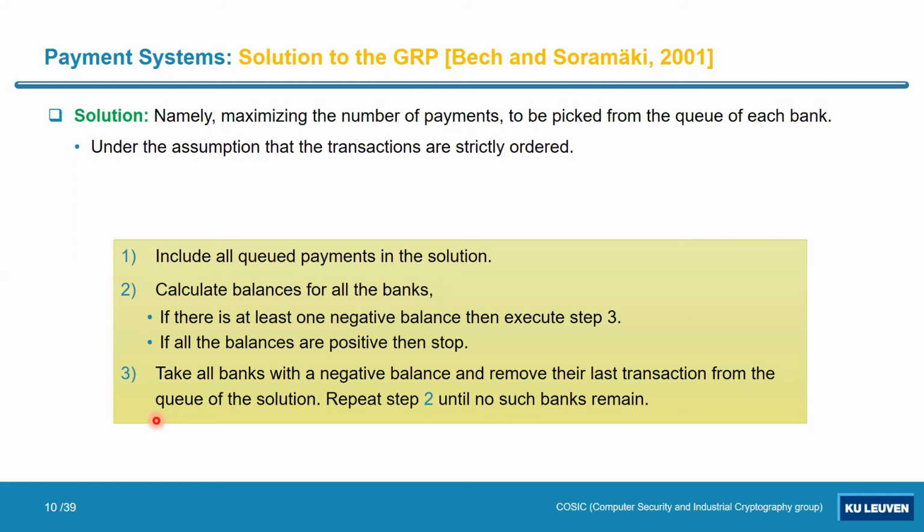In the third step, we are removing the last transaction from the queue of each bank with negative balances. This process will continue till either we find the solution or all the transactions are removed from the queue, and then the algorithm will return deadlock.